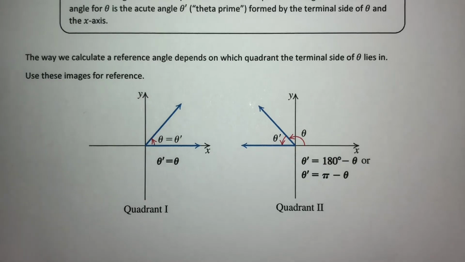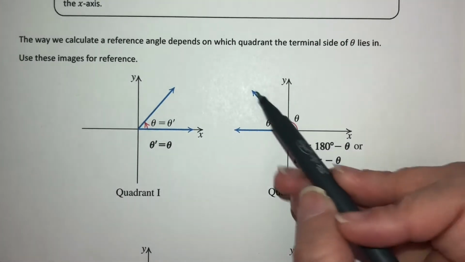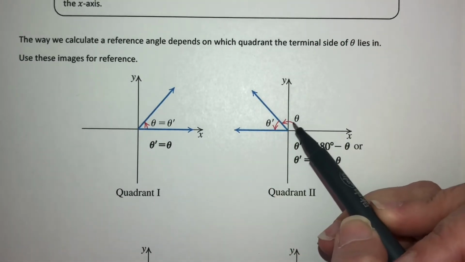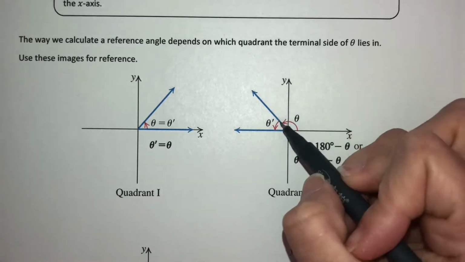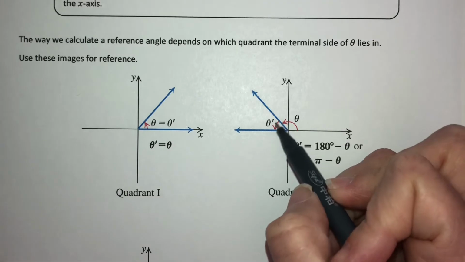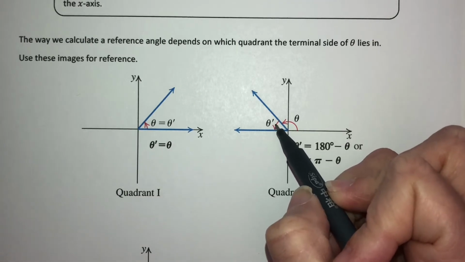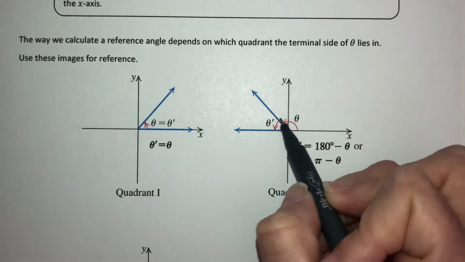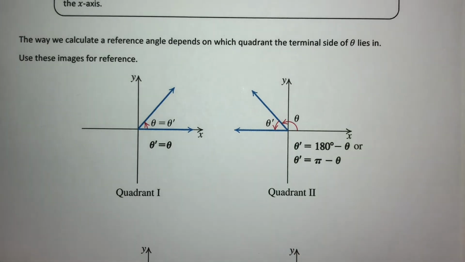If your angle is in quadrant 2, then our reference angle is right here. So this length here is going to have the same trig values as this one here, with different signs. And we can make that adjustment because we know whether our x or y values are positive or negative in that particular quadrant.